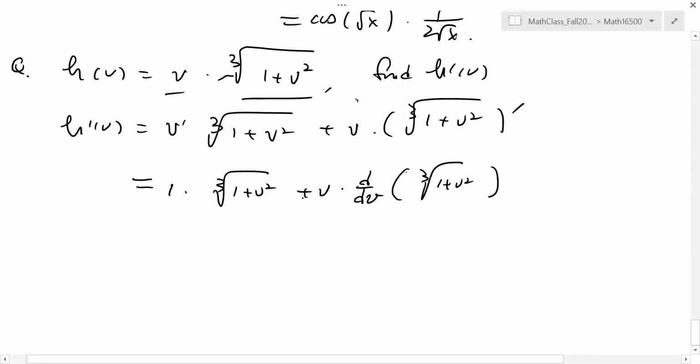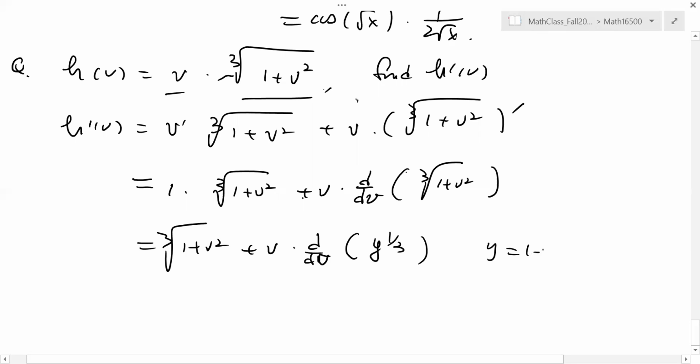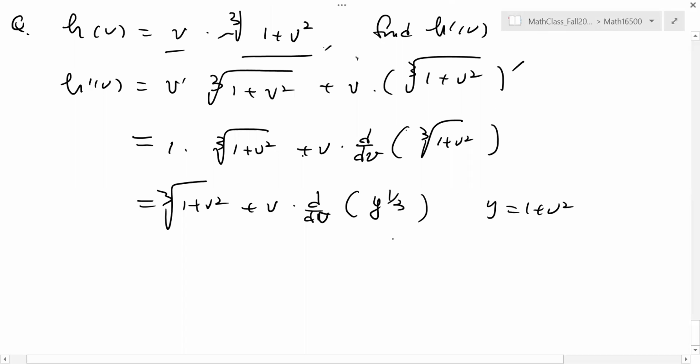How do you differentiate that quickly? I can write it in this form. Okay, so when you differentiate y with respect to v, you see, first of all, this is 1/3 y to the 1/3 minus 1.